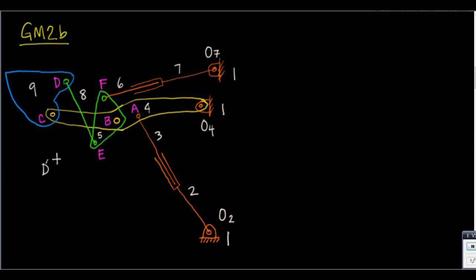Alright, today we are doing GM2b, Gaussian Malik, chapter 2, second video. We are continuing with graphical methods.